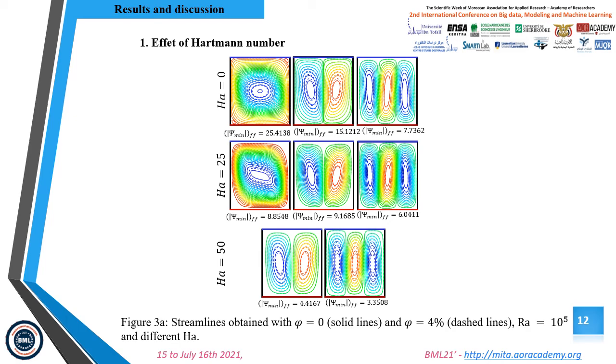On another side, the flow intensity is influenced differentially by adding nanoparticles in the presence of a magnetic field, and its influence is more attenuated in comparison with Hartmann equal to 0.